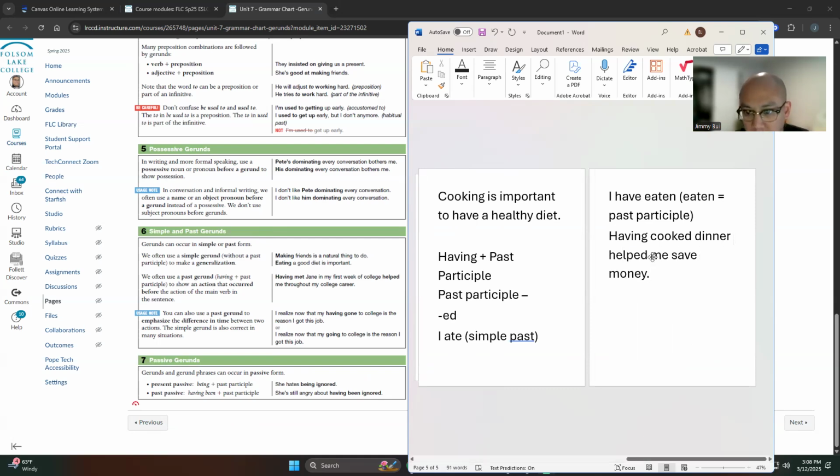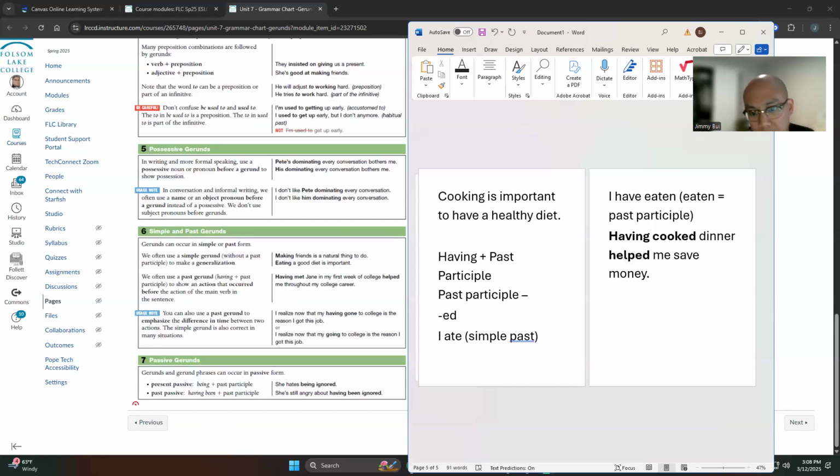And so here is the main verb, and then this is the subject, right? The gerund. We are using the past participle here, and then this is the gerund. Having cooked dinner helped me save money. This again is a simple and past statement for gerund, a verb used as a noun.